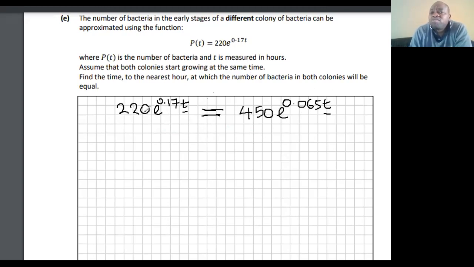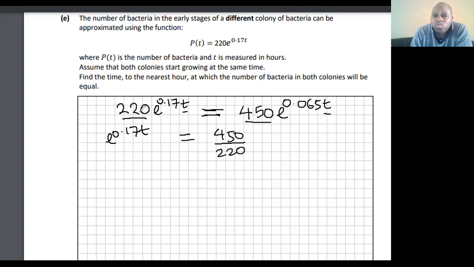So what you do is this. Let's start getting rid of the numbers one by one. I don't want this 220 here, and I don't want this 450. So I have exponential 0.170 equals 450 divided by 220.